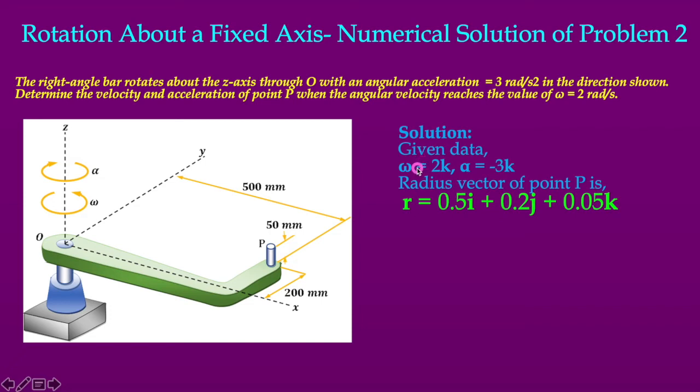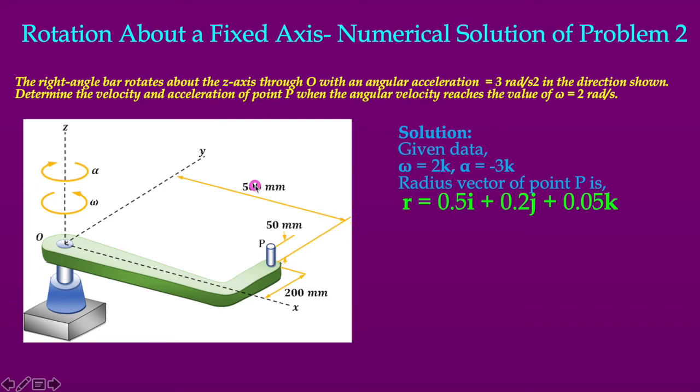And here also it is given omega equals 2k. Why k? As the direction of omega and alpha both is perpendicular to the plane of rotation, meaning perpendicular to the xy plane. Here xy is the plane of rotation, so perpendicular to that is z, and the z direction unit vector is k.